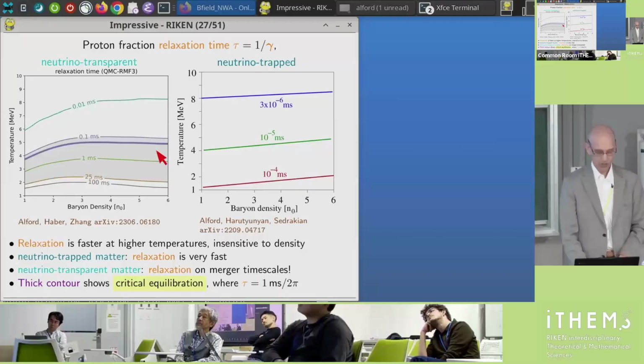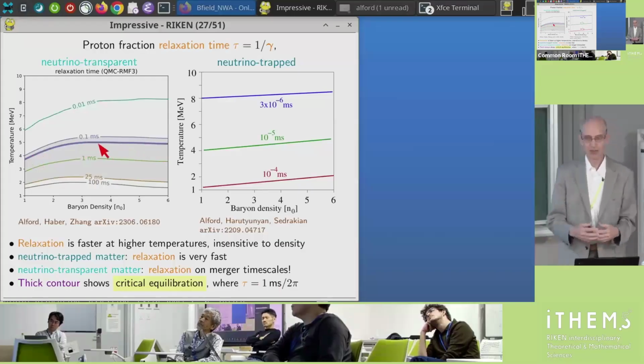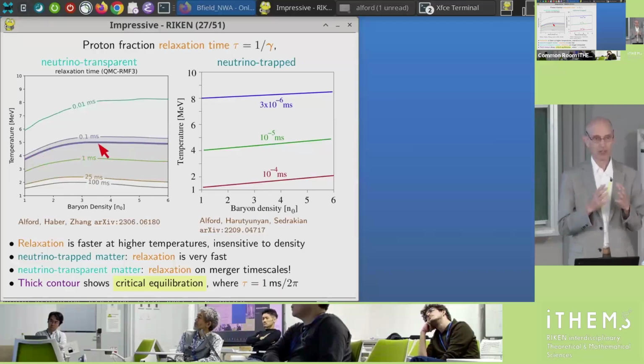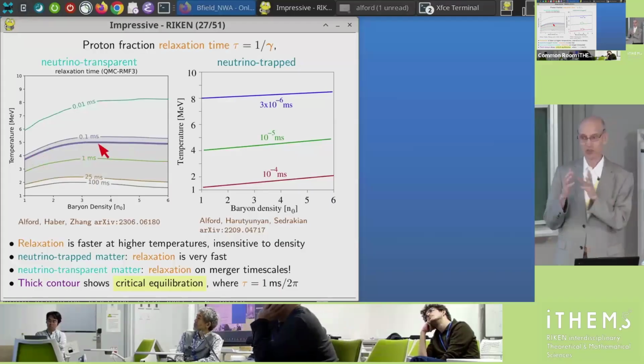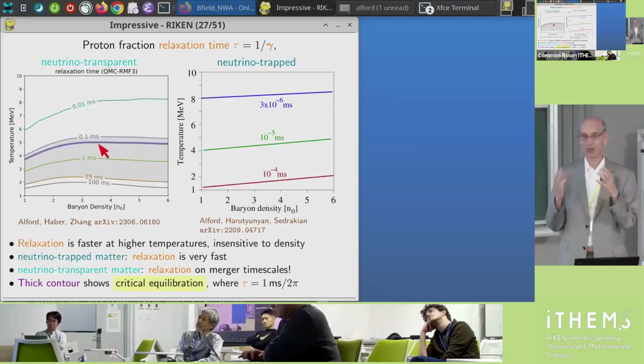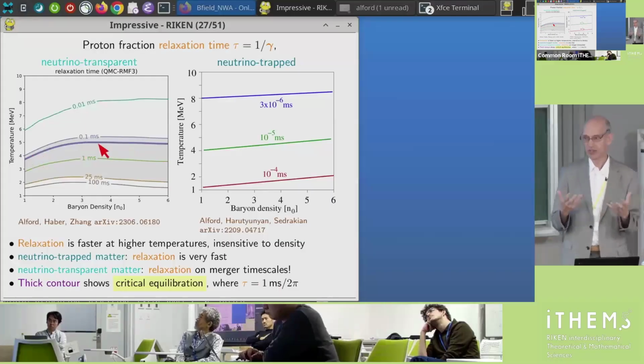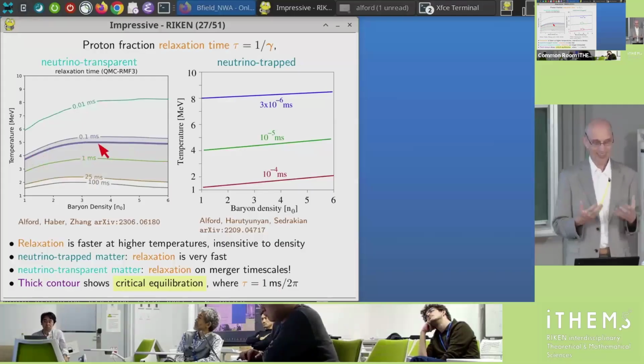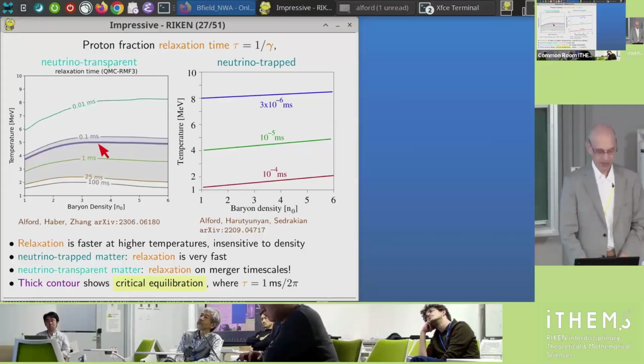This thick line, which sits at a temperature of about 4 or 5 MeV, is where the equilibration timescale of the material matches the 1 kilohertz timescale of the typical density oscillation that you get in a merger. So indeed, critical equilibration is happening in mergers if they reach these temperatures of 4 or 5 MeV, which some parts of them do.